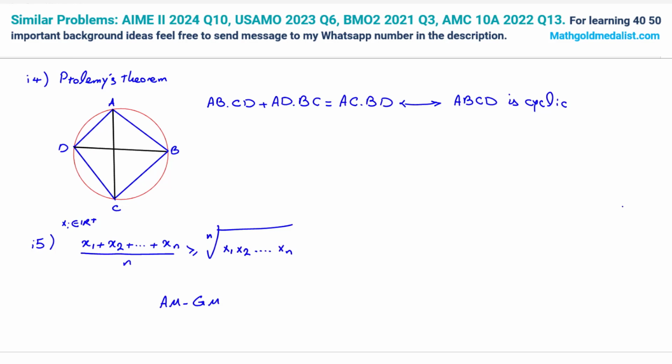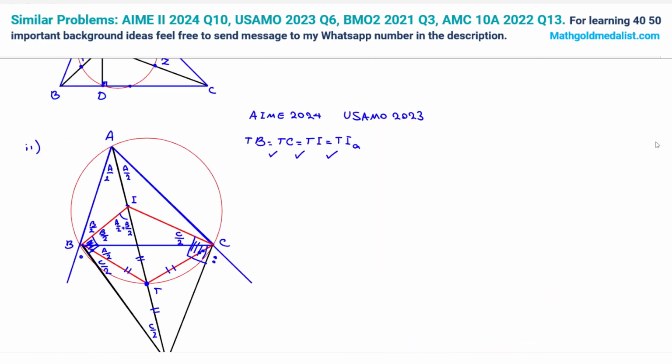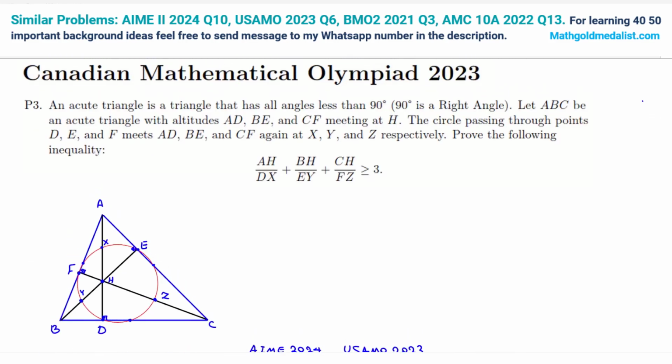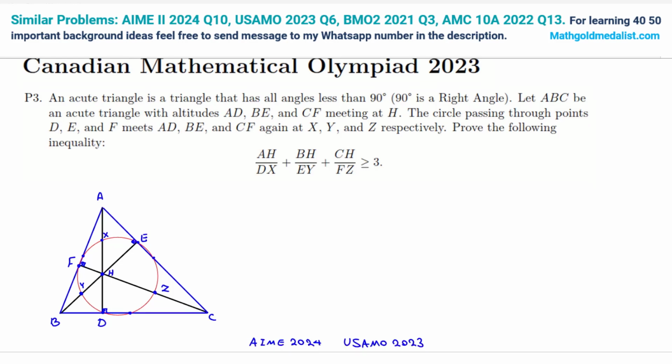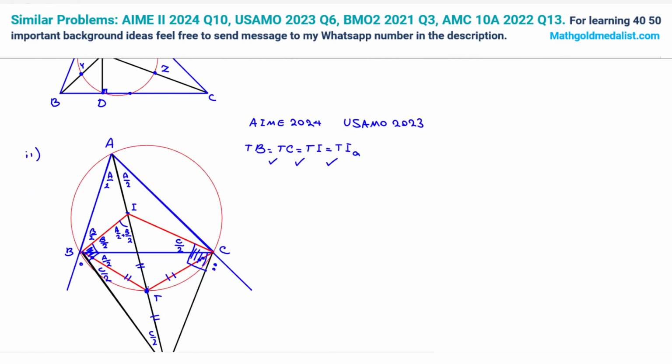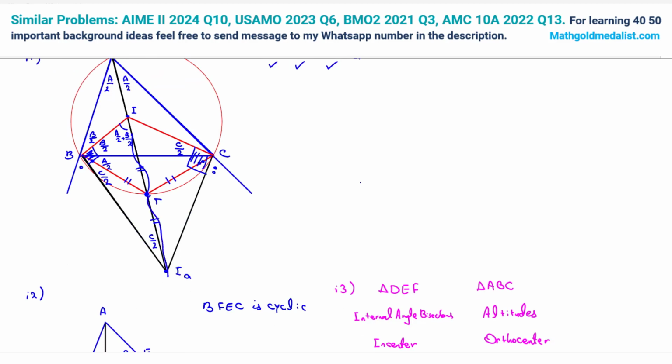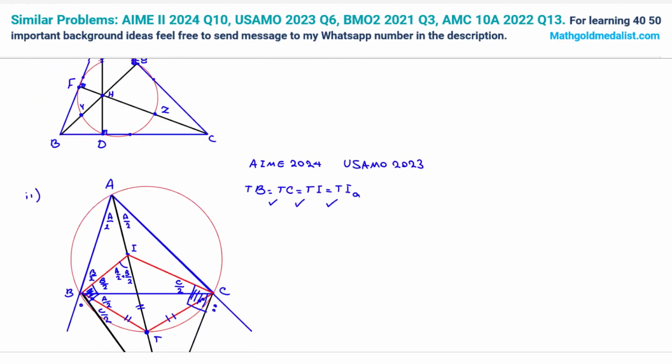Now we are ready to solve this problem. For solving it, first I want to prove AX is equal to XH, XF, XE. How can we prove this? If you pay attention, we proved this with TI, TB, TC when we draw the internal angle bisector.